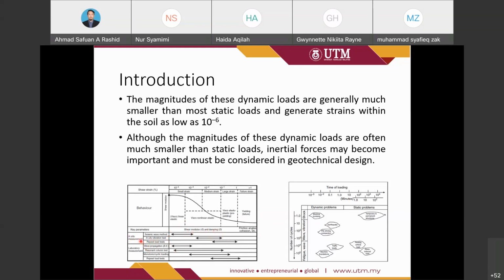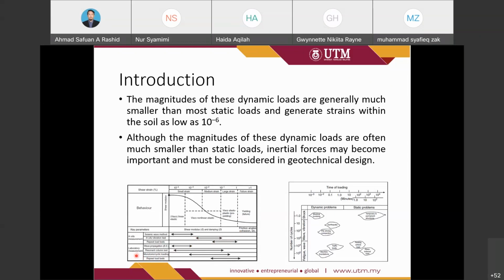For example, if we carry out in situ measurement, we may use seismic wave methods, in situ vibration tests, and we can also use repeated load testing. All these methods can obtain values under small strain, medium strain, and large strain.